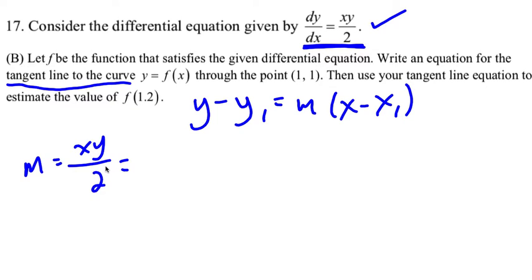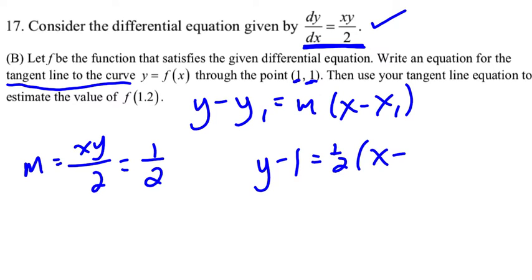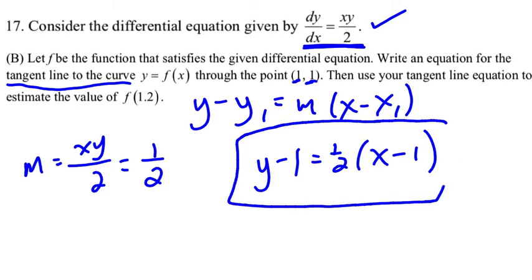We know that x and y are both 1, so 1 times 1 is 1, over 2 is 1/2. So the equation of this line is going to be y minus 1, the y coordinate, equals the slope 1/2 times x minus 1, the x coordinate. I would recommend you just leave it in that form. You can move it around and get y by itself if you choose, but there's no need to do that. That's a waste of time.